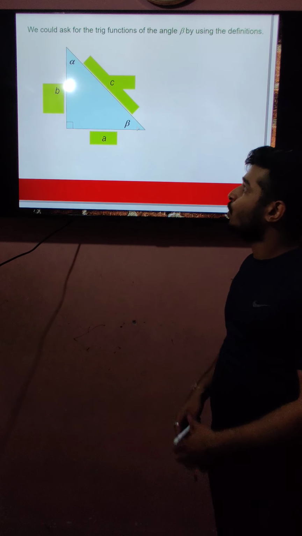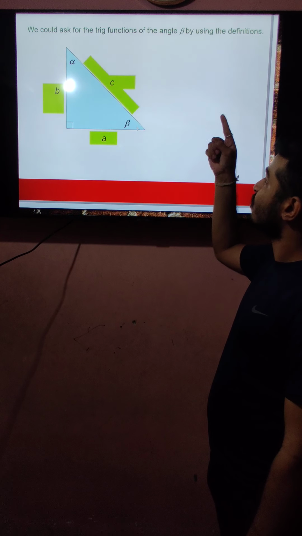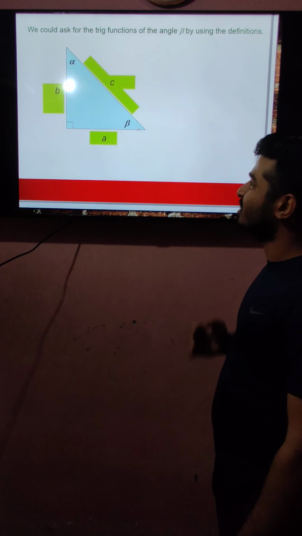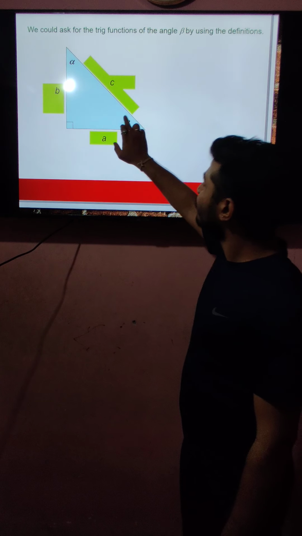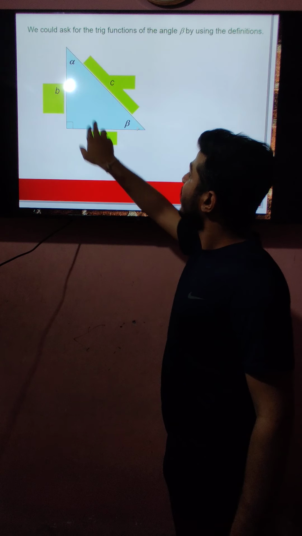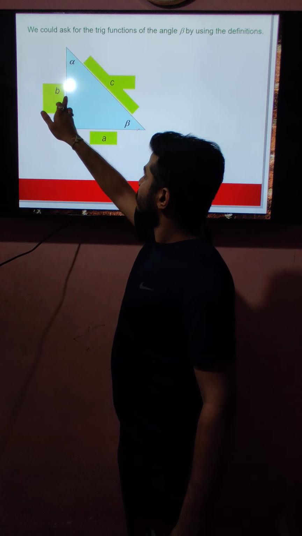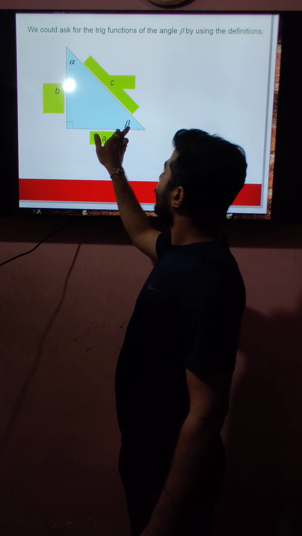Now we can ask for the trigonometric functions of the angle beta by using the definitions. For alpha, this is the opposite and this was the adjacent. For beta, which will be the opposite?